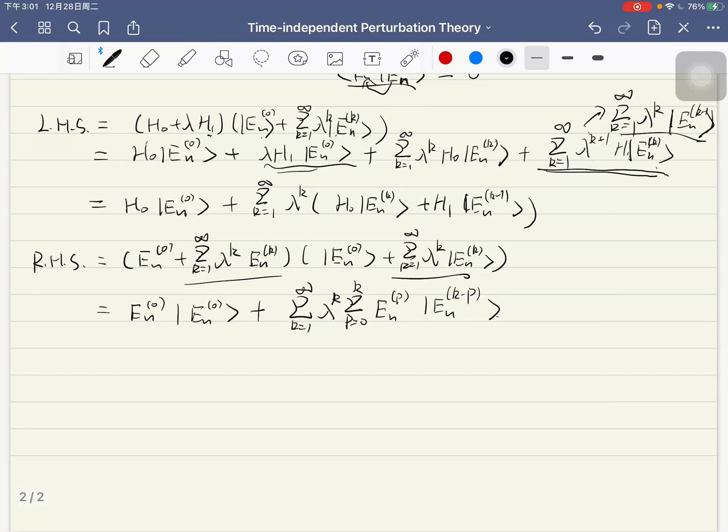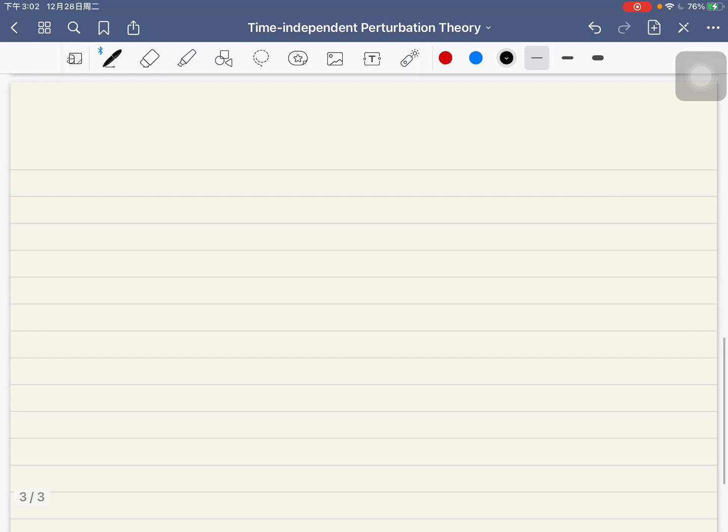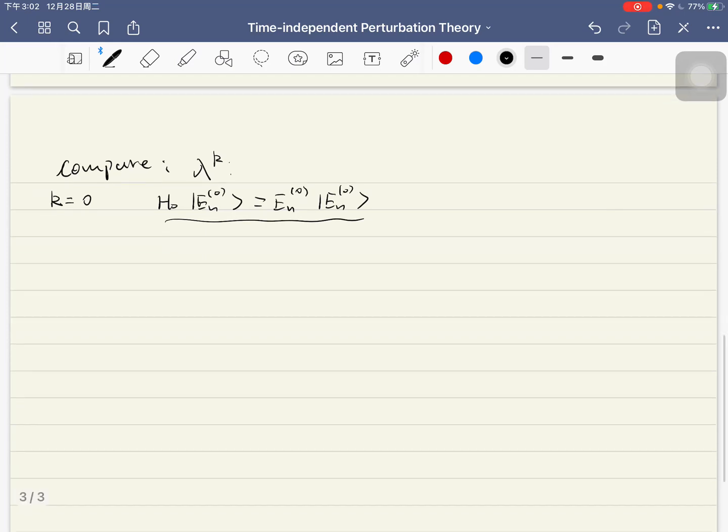So we just compare the coefficients of each order, the coefficient of the lambda^k order. First of all, k equals 0 is trivial. It is the relation of the zeroth order, which has already been solved, so there's no need to care about it.